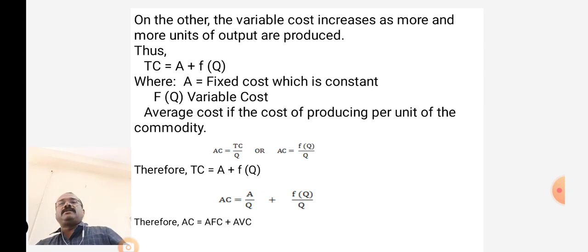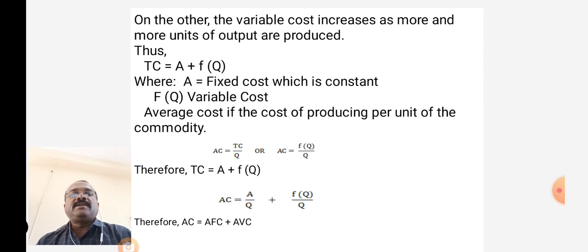Here, when you are going to find the average cost, you must divide the total cost by Q, that is, the quantity. Or, when you consider the average cost, it is always equal to f of Q divided by Q, where f of Q is the variable cost and Q is the quantity.